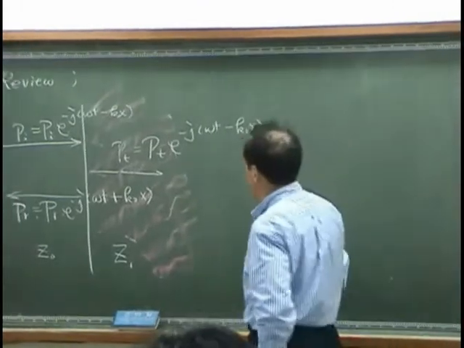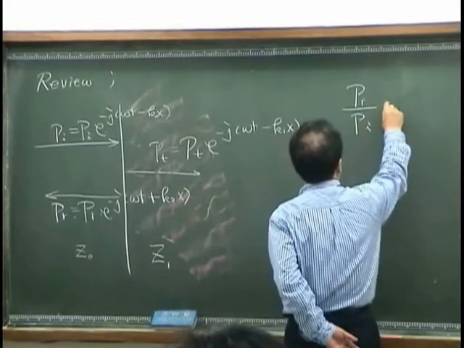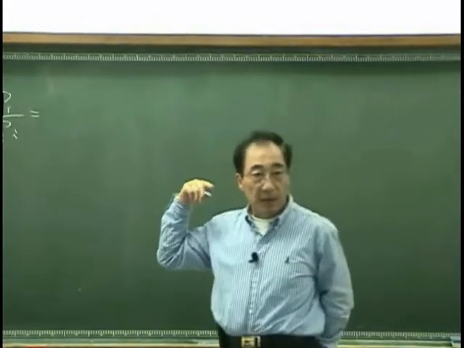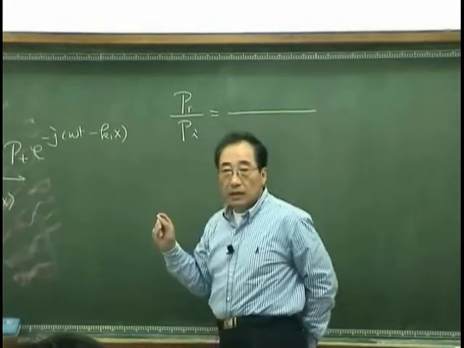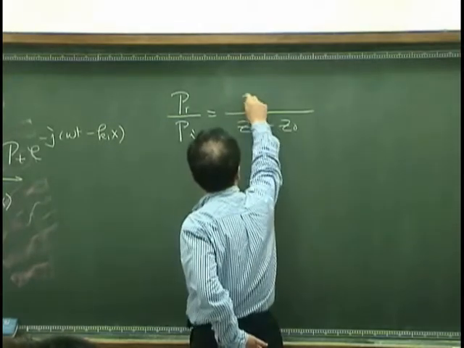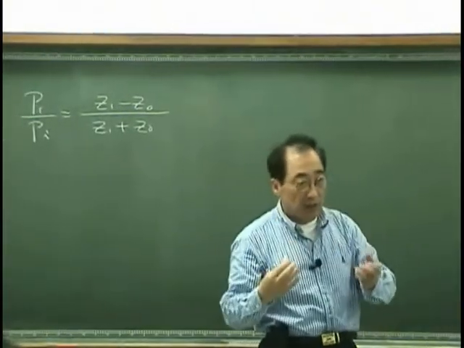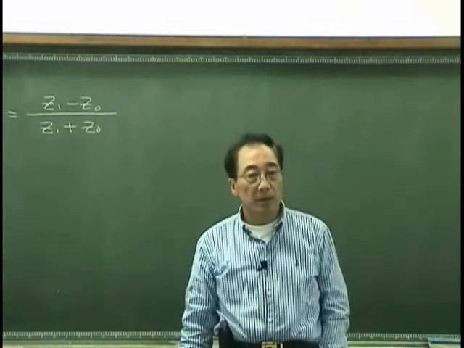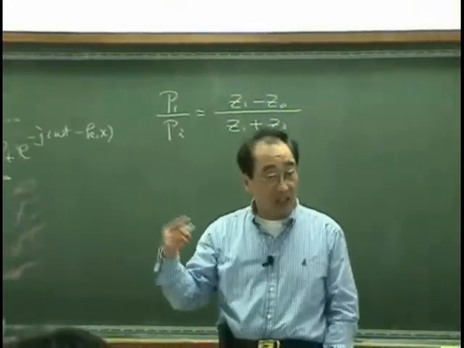And the result we had was the ratio between the magnitude of the incident wave and the magnitude of the reflected wave can be written like this. That means how much is reflected due to the incident wave is totally governed by the characteristic impedance of the two media, nothing else.